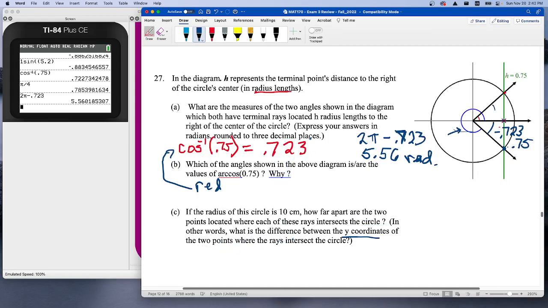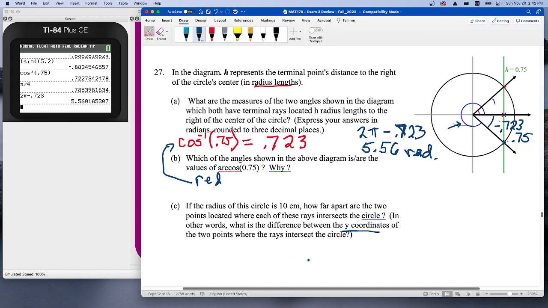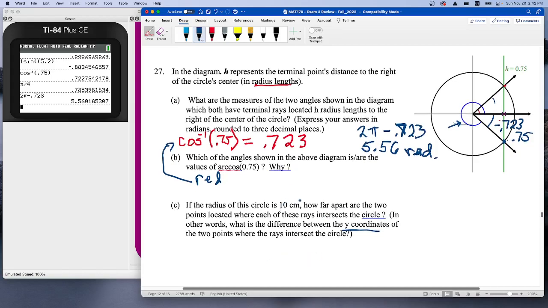Since we do have the angle measures, the red angle's 0.723, the blue angle's 5.56.